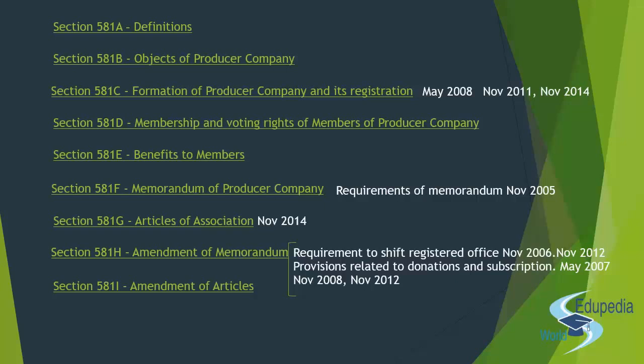Because even the memorandum of the producer company was asked once in November 2005, and then with 2006, 7 and 8 they started with the amendments of memorandum, and for the first time you were asked about articles of association, and now there may be a chance of asking about the amendments of the articles, right?